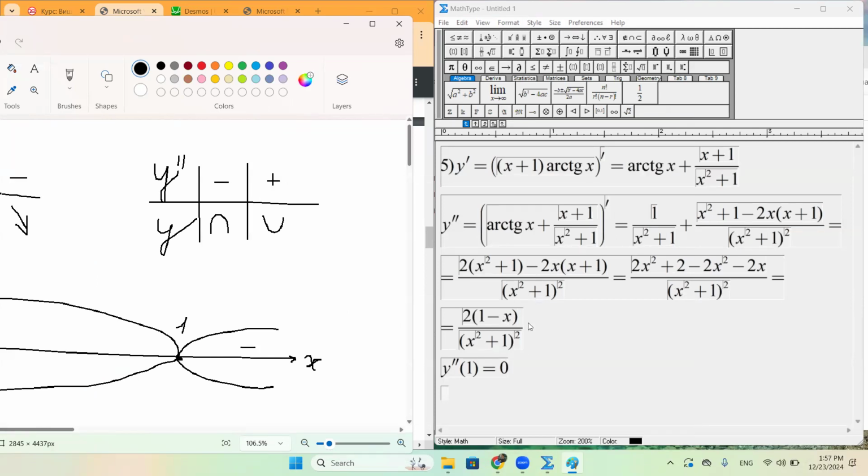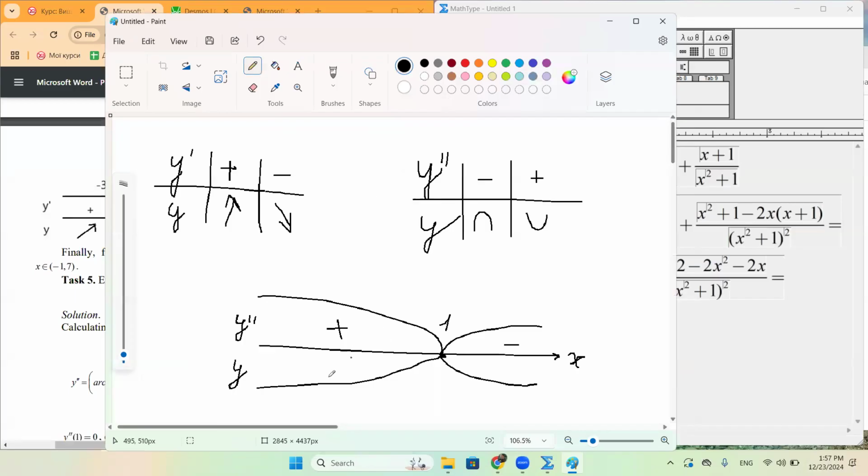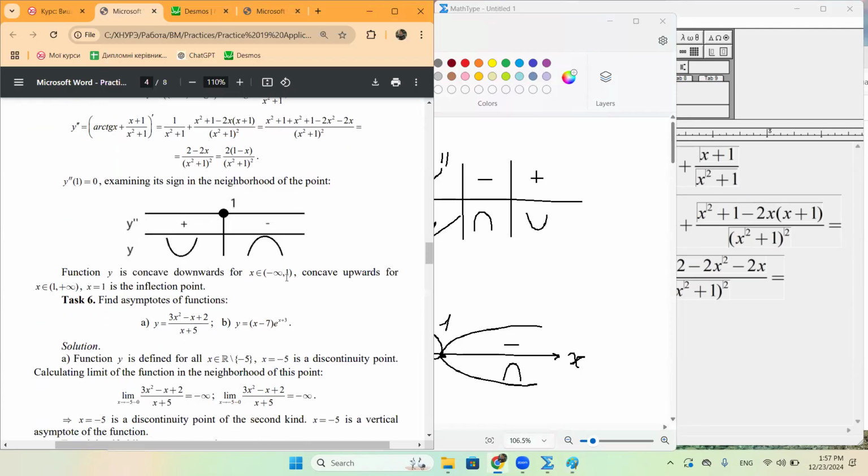Minus, and when less than 1, it will be plus. So the function is concave downwards from minus infinity to 1 and concave upwards from 1 to plus infinity. And by the way, x equals 1 is the inflection point, so the point where the function's concavity changes.